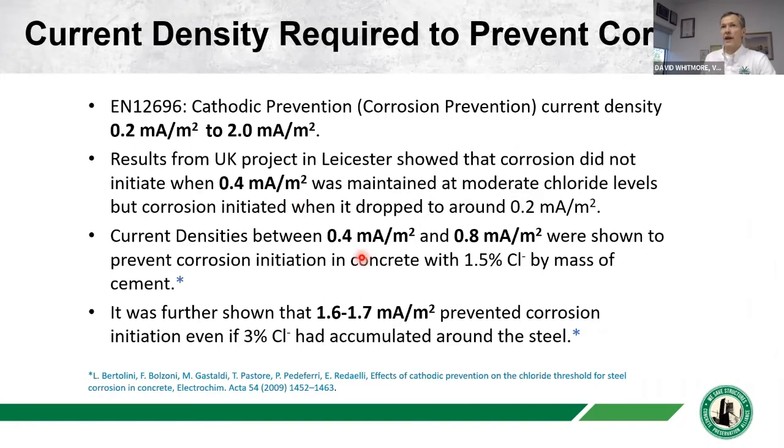We're using 0.8 where you've got a moderate to high level of chlorides. And we're using current densities of 1.6 milliamps per square meter when we have chloride concentrations that are a little bit higher. The reason we're using those current densities is just based on data that's been collected in the literature. So instead of using a standardized number for all applications, we're varying the current density based on the chloride concentration.